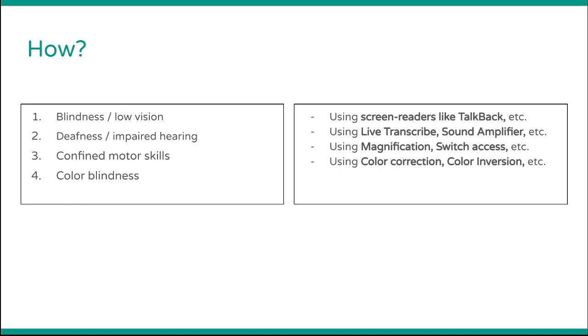So magnification can help in those cases. Finally, color blindness. If someone has a particular form of color blindness, then using services like color correction and color inversion, we can make sure the application is accessible to them.